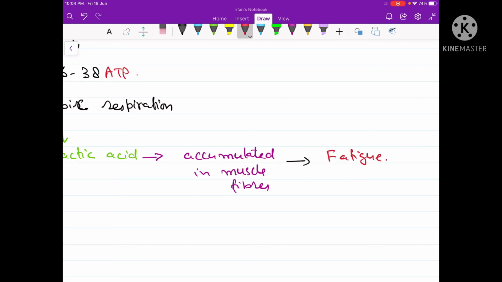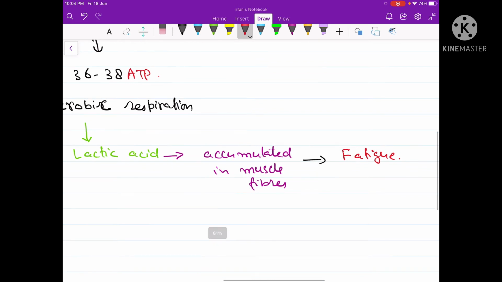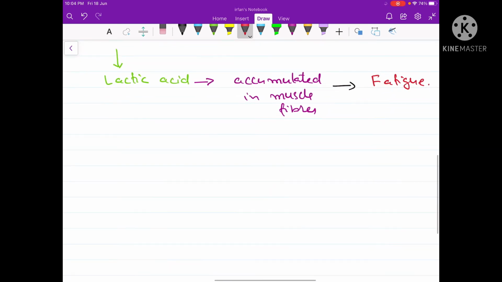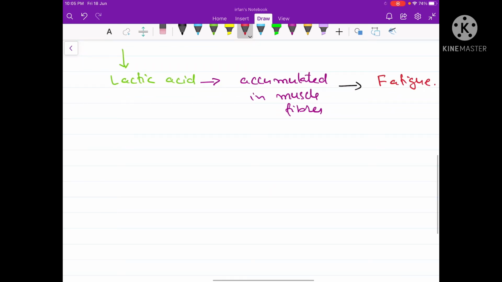Now, most of the lactic acid, however, later on when muscle is at rest, when muscle stops contracting, is carried by the blood and transferred to the liver.